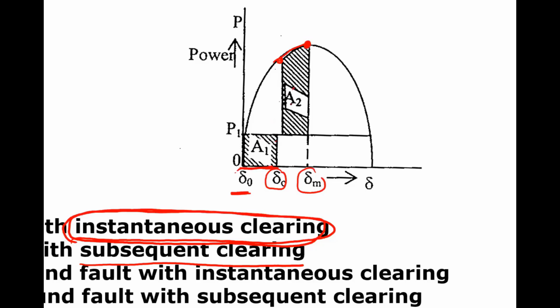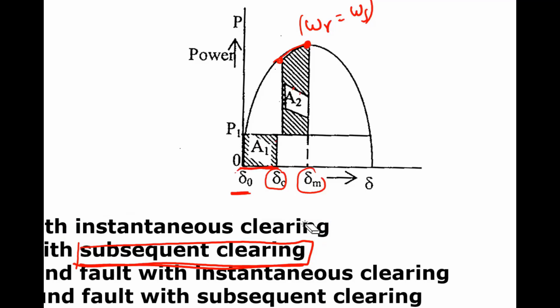So when both the areas are equal, the rotor will halt where the condition is omega r equal to omega s, and then it will again fall back. Okay. So here, what is the fault? Here the fault is a three-phase short circuit fault with subsequent clearing.